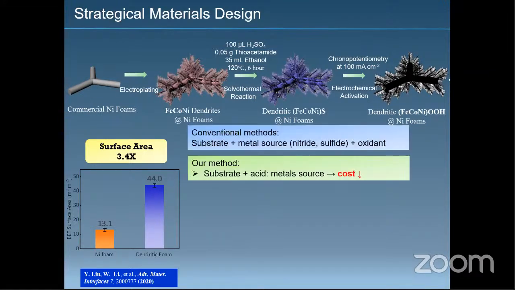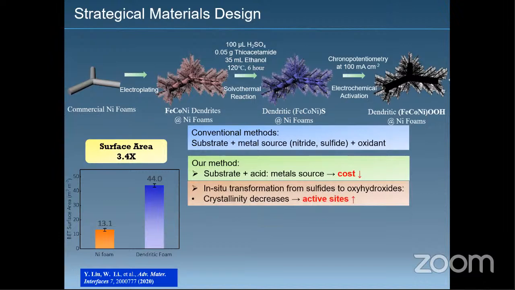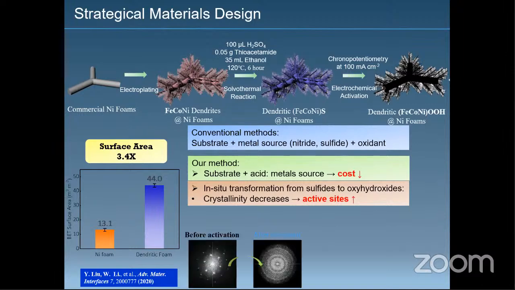First, we directly employ the dendritic nickel form as a substrate and metal source, which can save the synthesis cost and conformably form a thin layer of sulfides on the surface. Second, the in situ transformation from sulfides to oxyhydroxides can guarantee the formation of less crystalline oxyhydroxides that can provide more active sites. As shown in the TEM, after the activation, the surface turns from crystalline to polycrystalline.